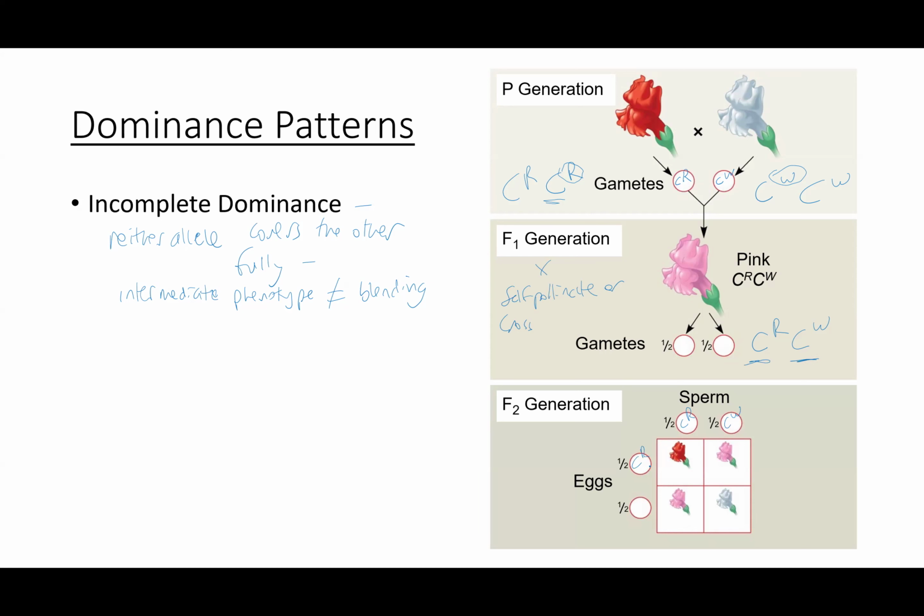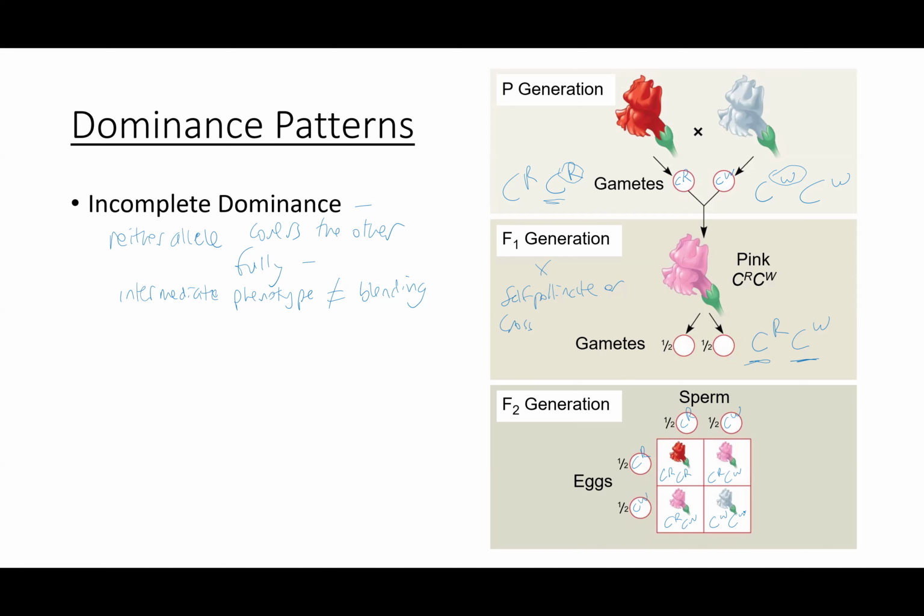The other pink plant passes on CR or CW. So we end up with one red plant, two pink plants, and one white plant. So the genes have not gone away. They haven't turned into something new. They have just masked each other, sort of.